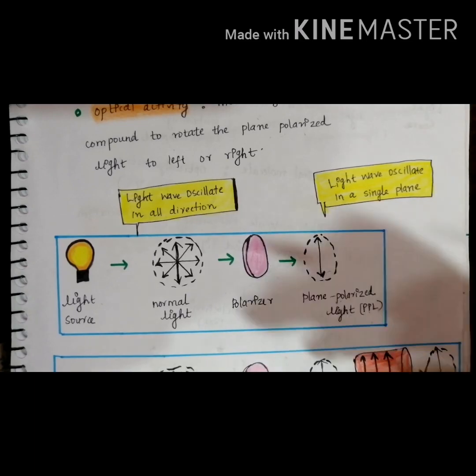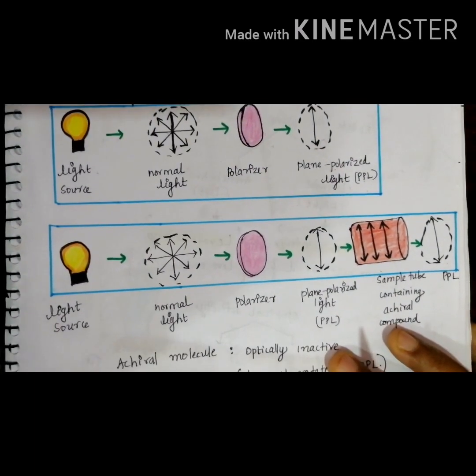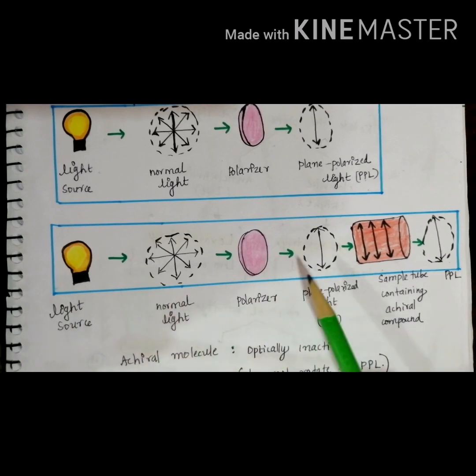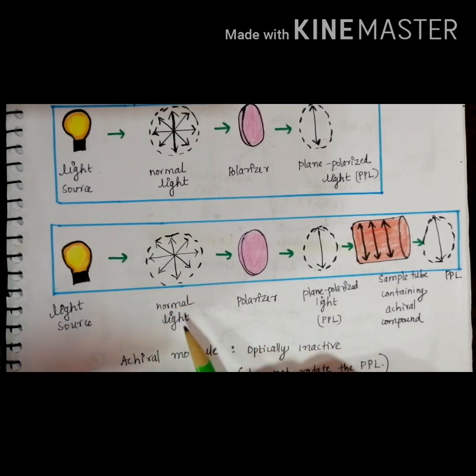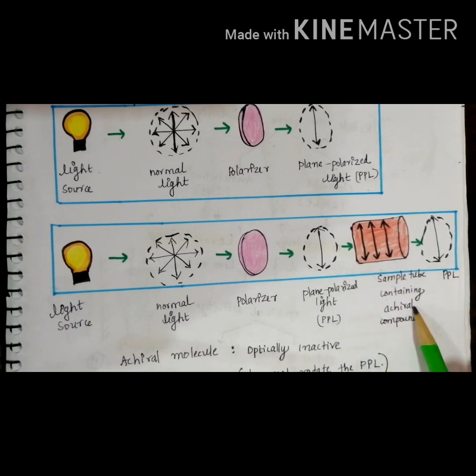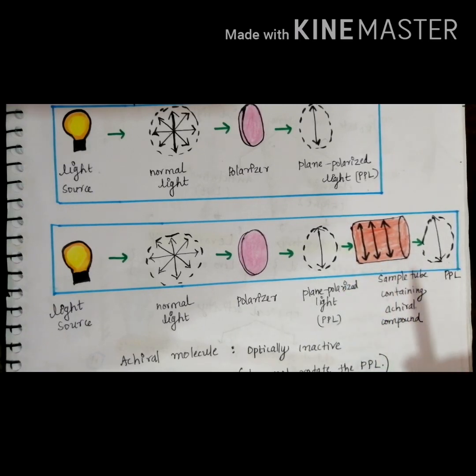When it is connected with optical isomerism, we again need the same experiment, with the help of an optical compound or a chiral compound. The same experimental setup: the light source, normal light, and the polarizer. Then we get PPL. Then we place a sample tube containing the compound. Here I am selecting an achiral compound. The sample tube is filled with the achiral compound and placed after the PPL.